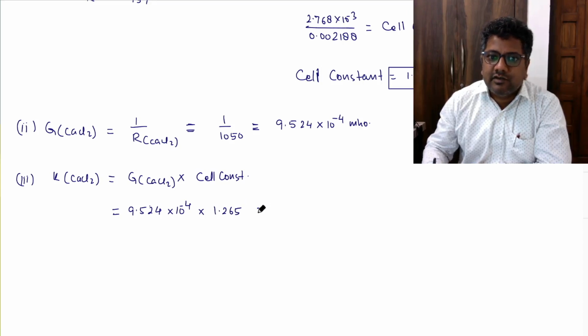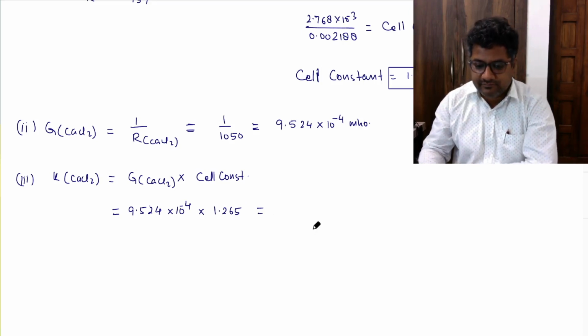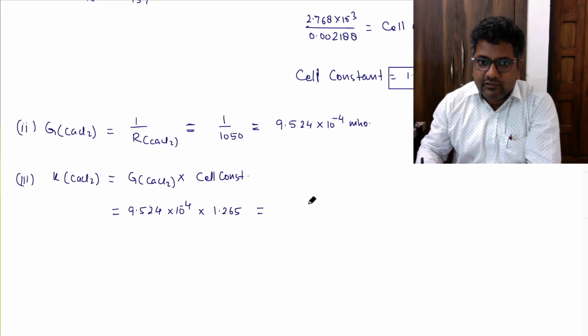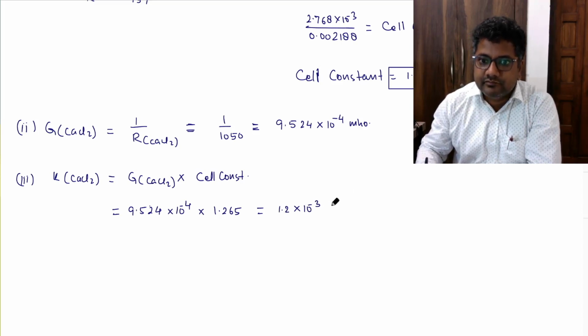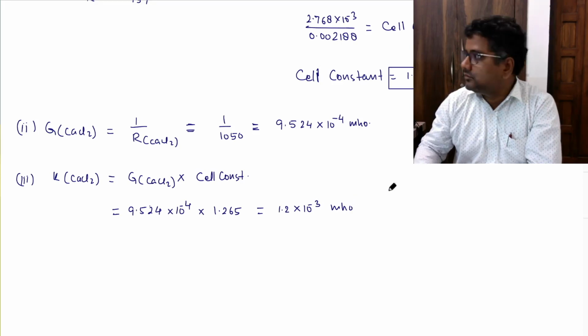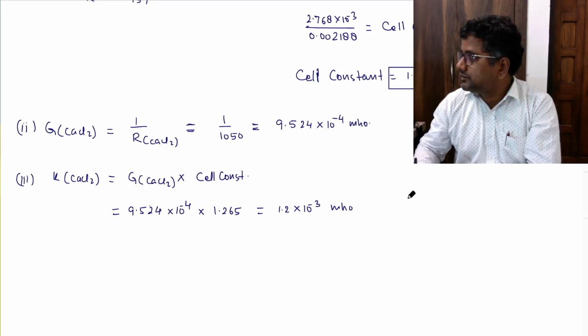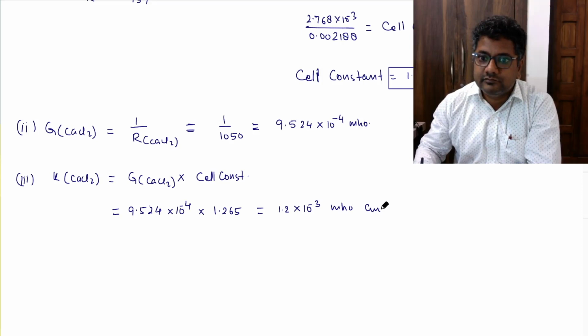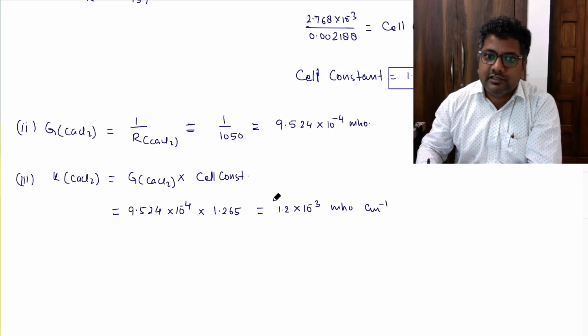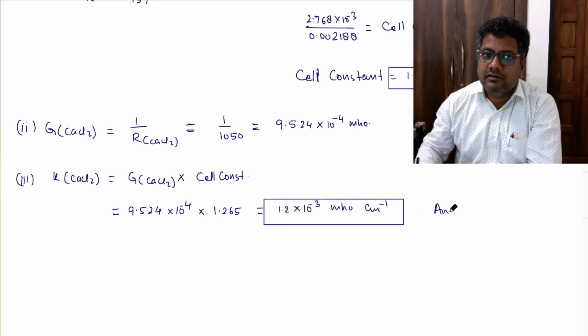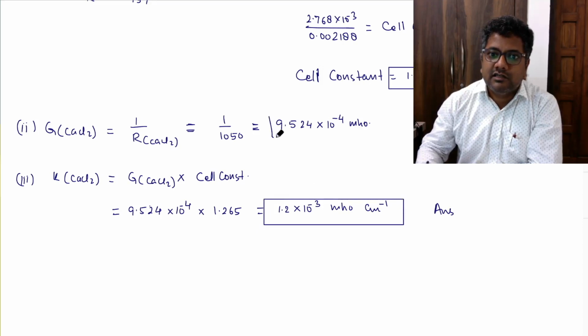So this is equal to 1.2 into 10 to the power minus 3 mho per centimeter. So this is the answer of the third part.